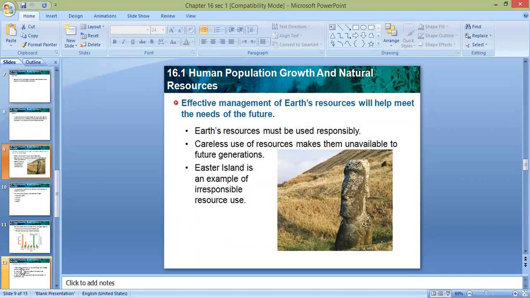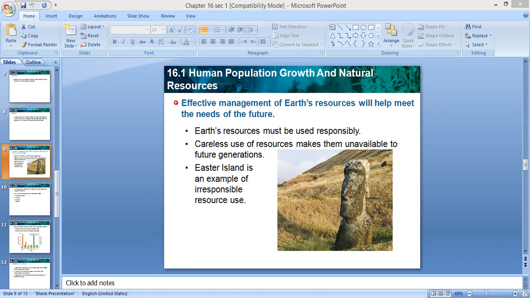Give me an example: how can I use the resources of the earth in a more efficient way? Yeah, give me an example, like what? How we can use the resources more efficiently. One way, I just need one way. No one knows? Come on, Tasneem.